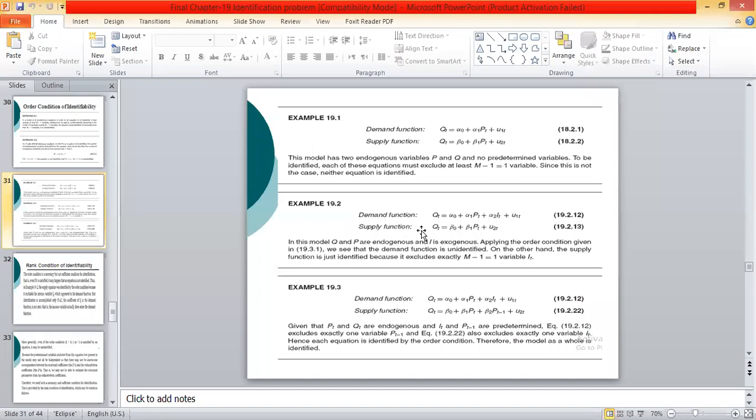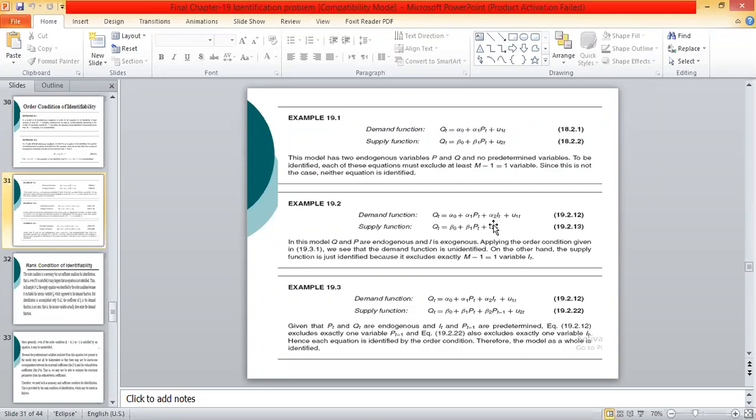Look at the supply function. We have a total of 3 variables in the model, and that is quantity, price, and income.